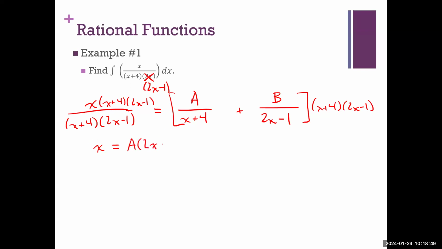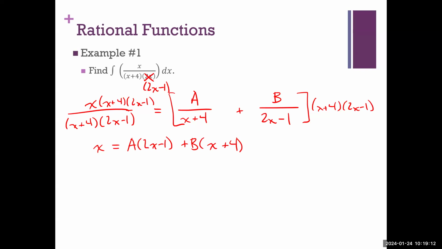That'll be A times 2x minus 1, which I think is what you were expecting to see. Plus B times x plus 4. So it made our equation a little bit easier to deal with. So the goal is still the same. I want to figure out what those unknown constants A and B are.